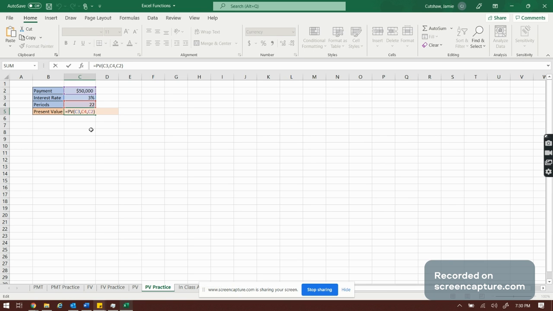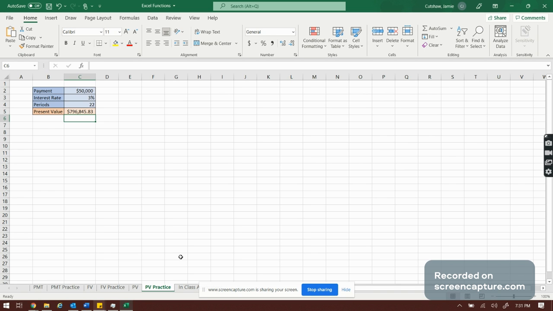So we're going to double click here onto our value. We're going to put a minus between our equal sign and our PV. And remember, this just multiplies all of what we had before by a -1, bringing our total out to $793,96,845.83.